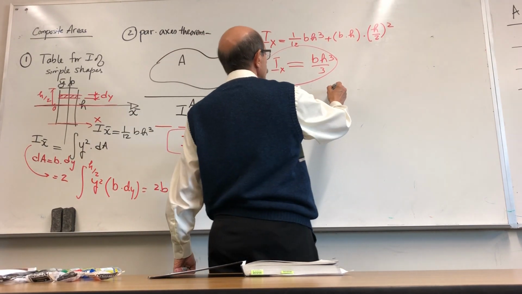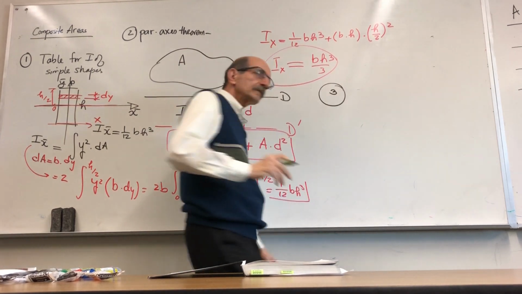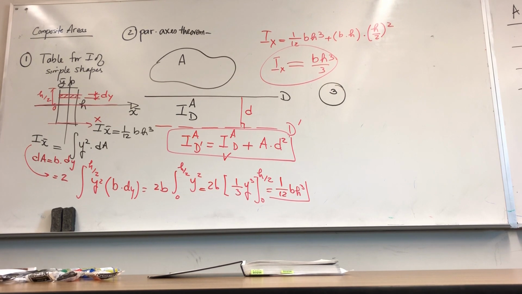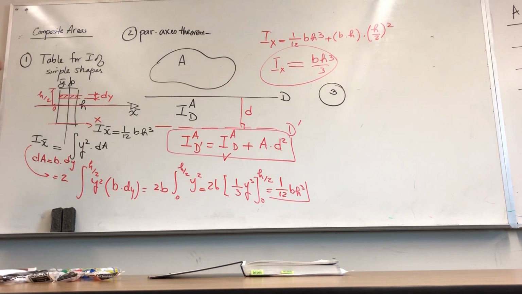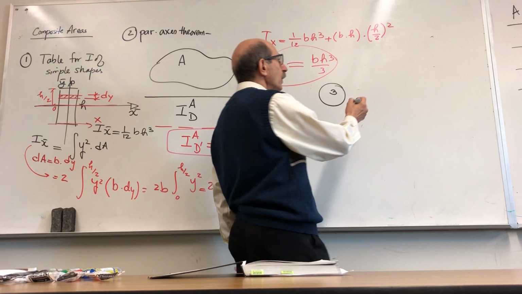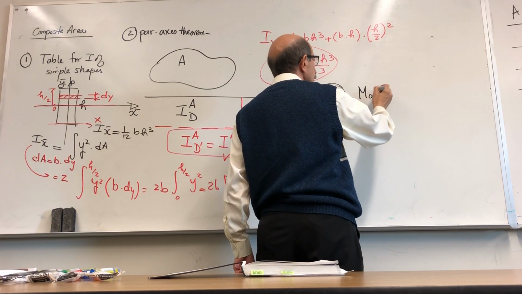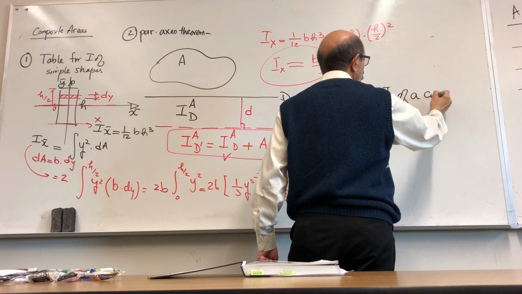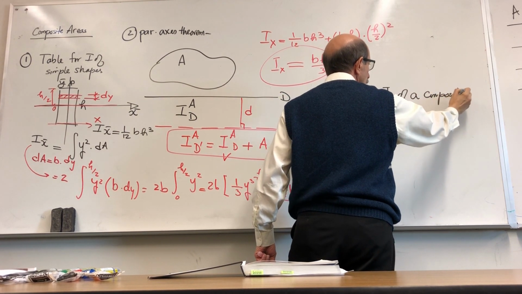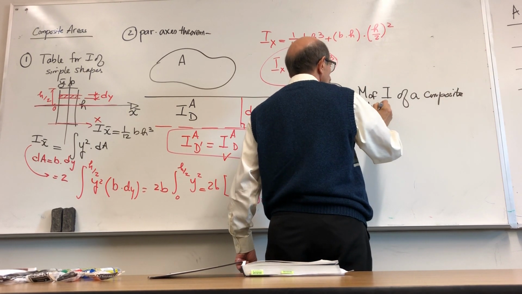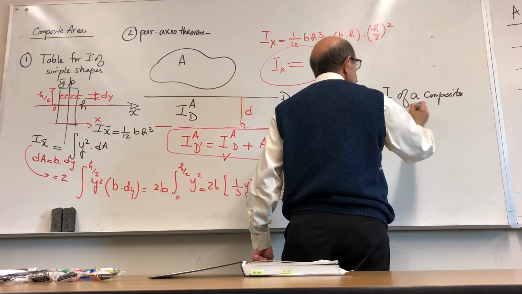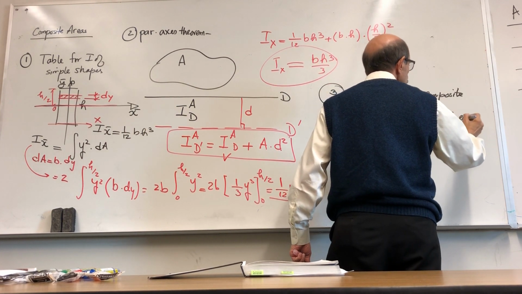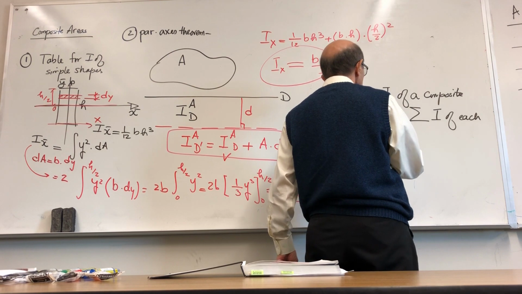Although it's obvious, I'll show it to you as a third concept: to find a moment of inertia of a composite shape is equal to the sum of the moments of inertia of each sub-area.